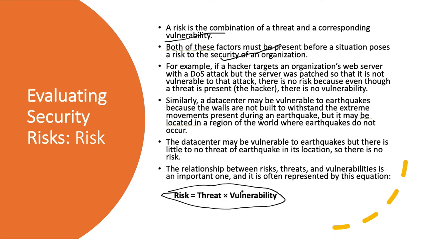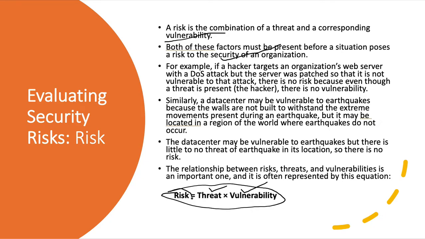Okay. So if we have already mitigated the vulnerability, even though there is a threat, like a hacker will try to attack the web server, since this vulnerability is already mitigated or remediated, they would not be able to compromise the server or impact our services.